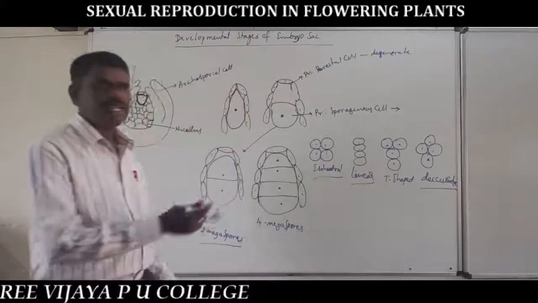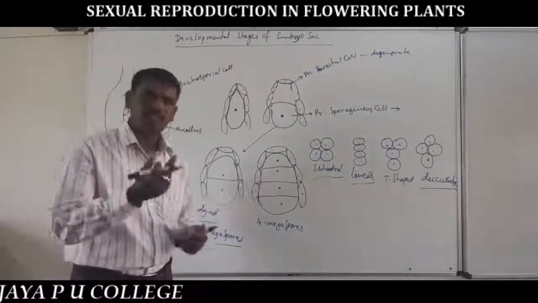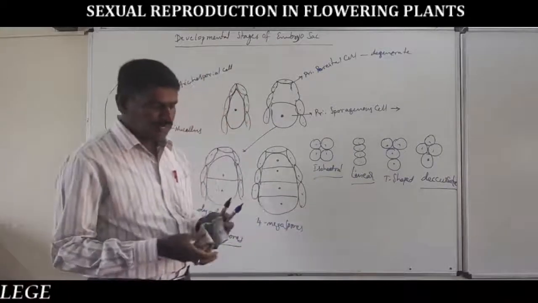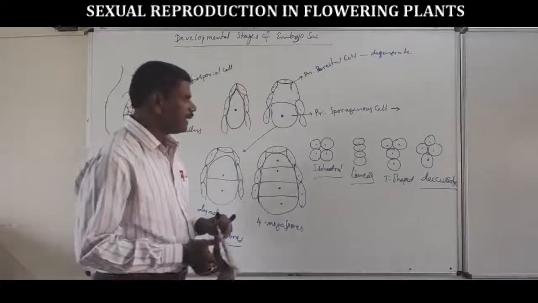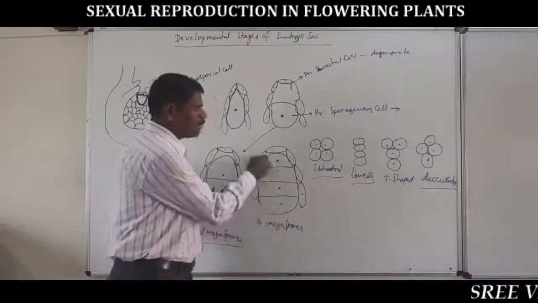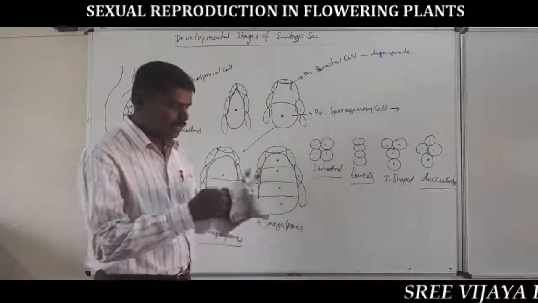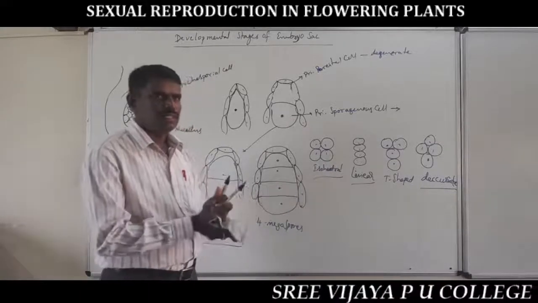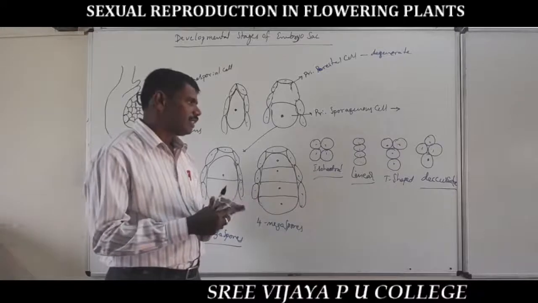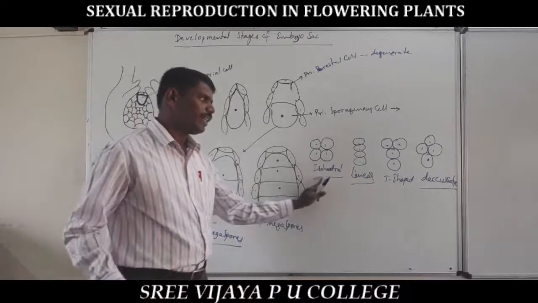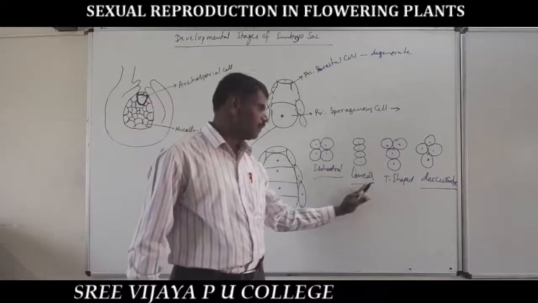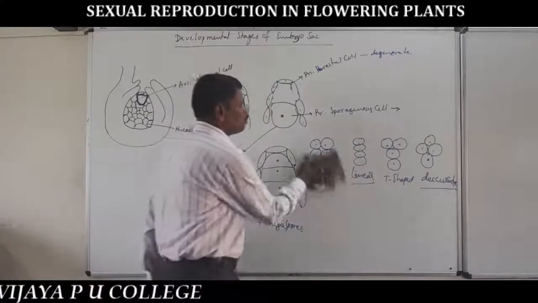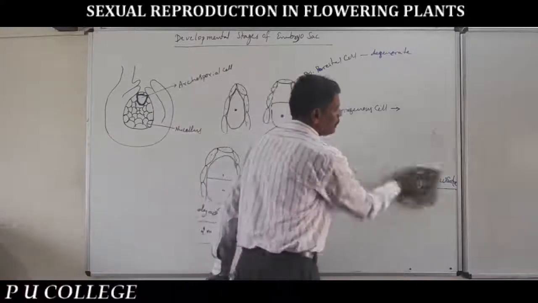So the 4 megaspores are arranged in different arrangements. We need not remember these, we just say it to improve our knowledge: isobilateral, linear, T-shaped, or decussate.